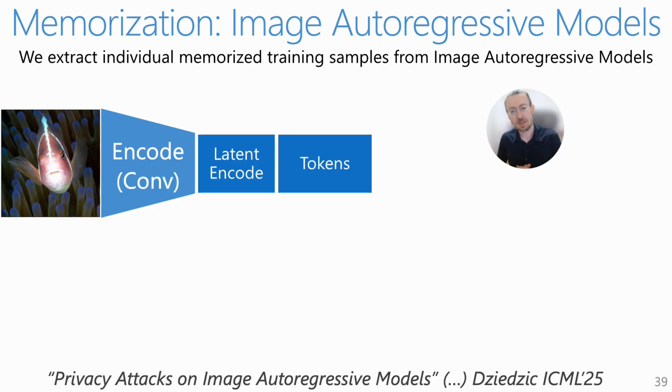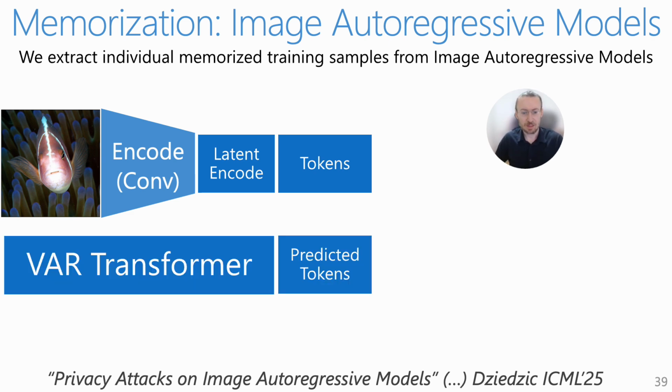So we start again with our encoding, and given an image, we encode the image to the latent space, and then tokenize this latent space, so this feature map, into individual tokens. And then we also take our autoregressive model, the VAR transformer, and compute the predicted tokens.